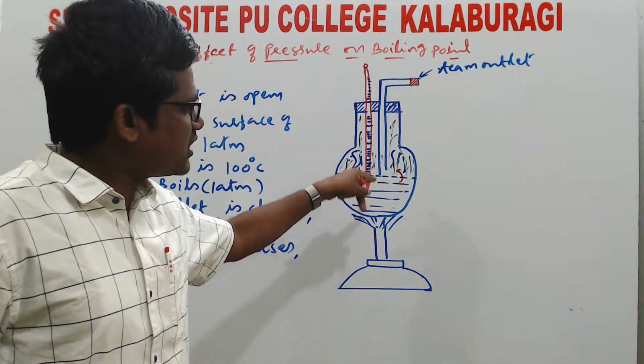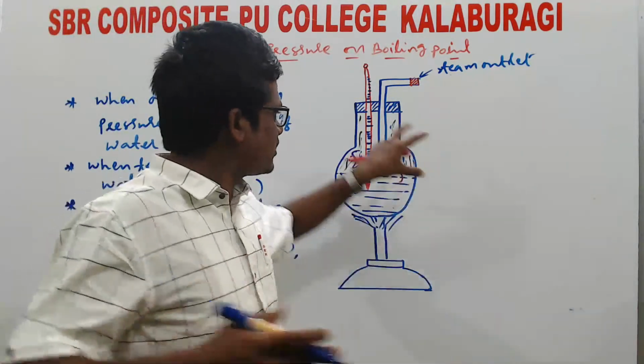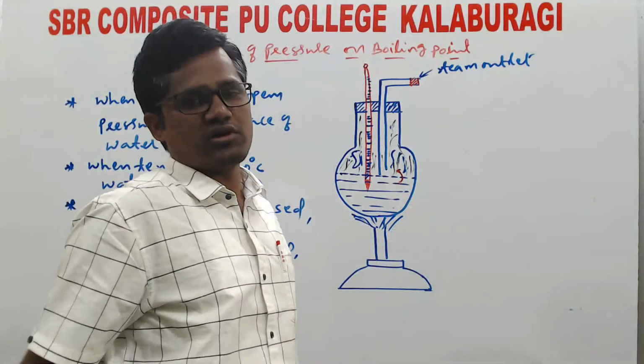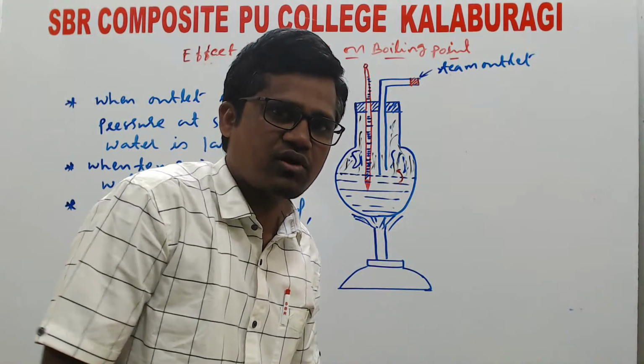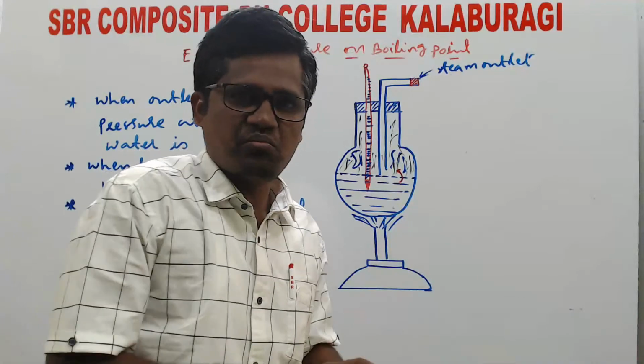What change has happened here? Pressure is more than 1 atm now. The vapor applies pressure on the water surface, and they are not allowing any new molecules of water to come out. Then the surface is completely sealed.